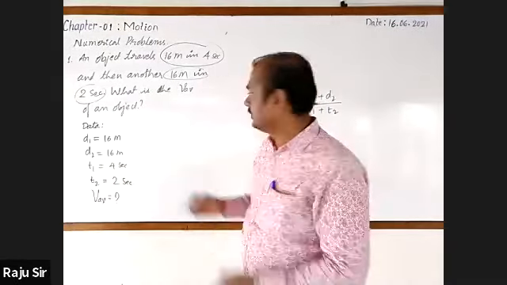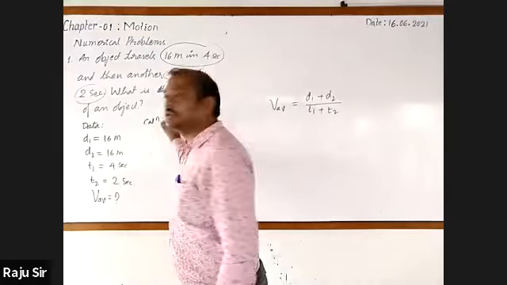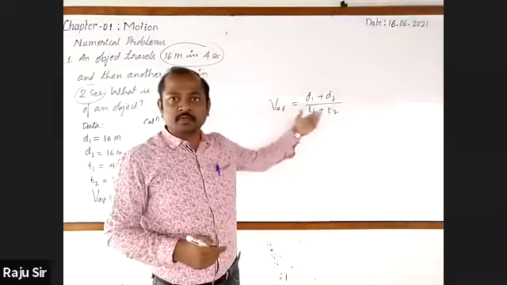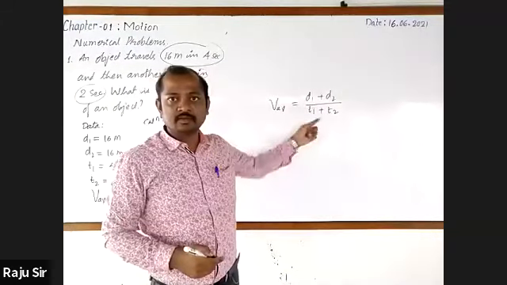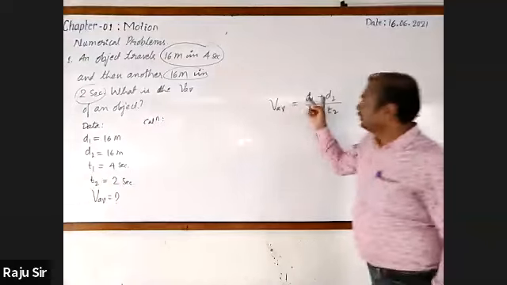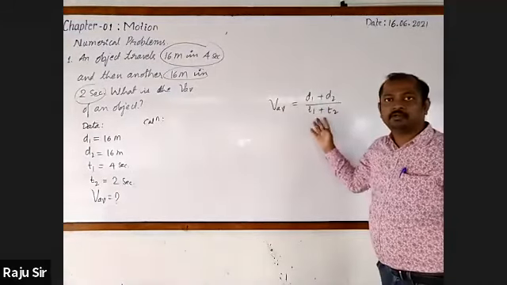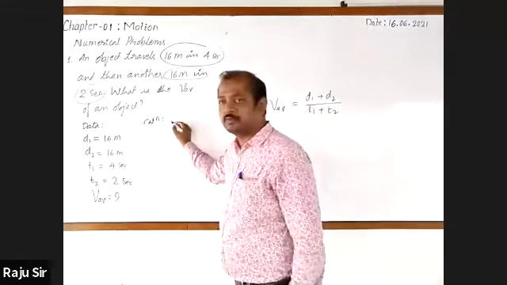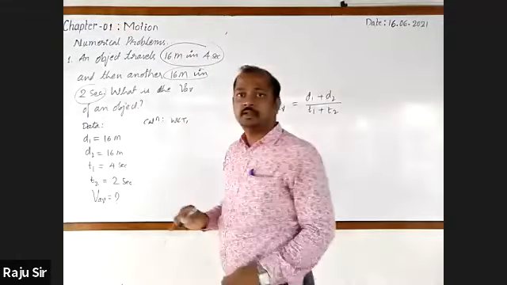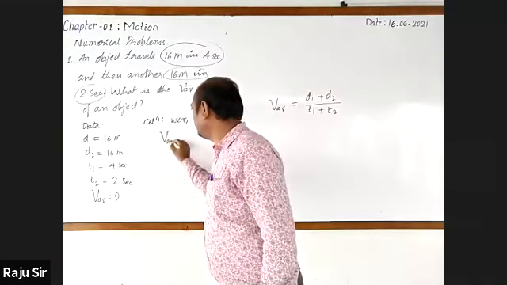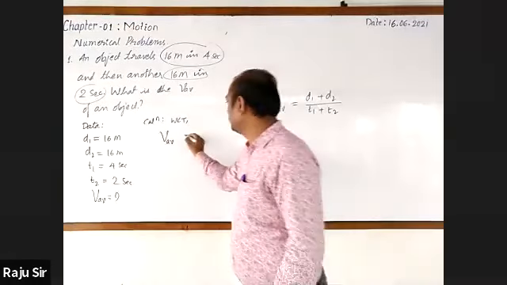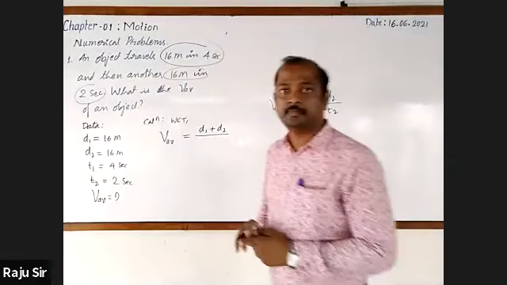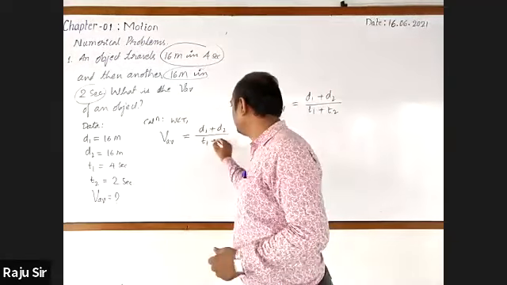Okay. Now let's go for using the formula. Sanjana ji, can we go for using this formula? Yes, because two distances and two times. Hence, let us write. Right now, we know that average speed V_av equal to (D1 plus D2) by (T1 plus T2).